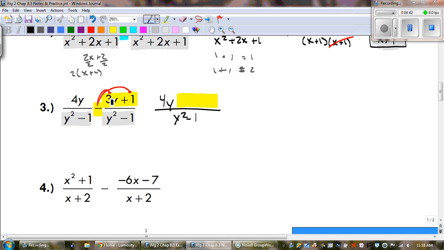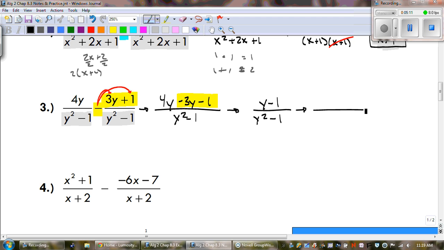Now I had a positive 3y, that's a negative 3y. I had a positive 1, now that's a negative 1, or I'm subtracting that 1. I'm doing the opposite operation. As I move on to my next step, I'm going to start combining my like terms. 4y minus 3y is 1y.